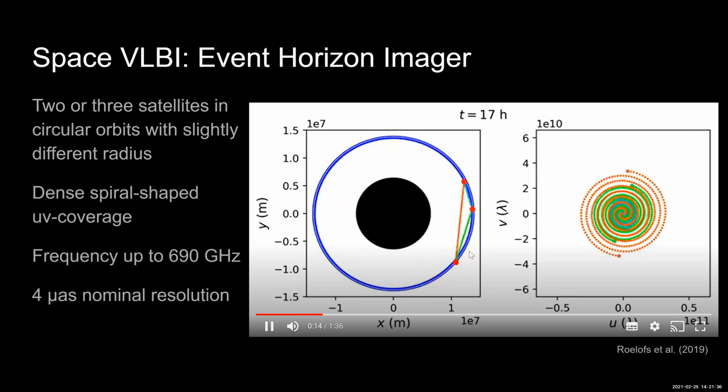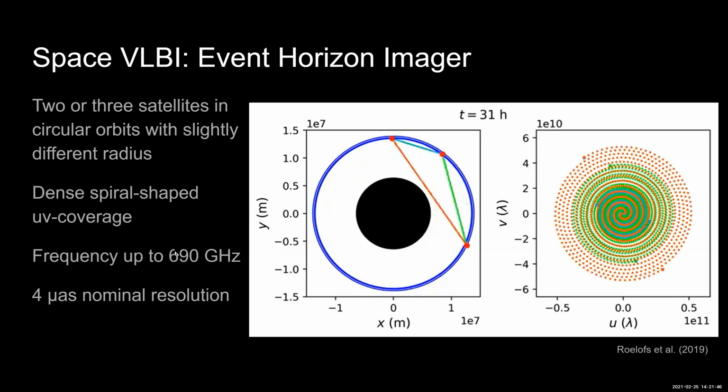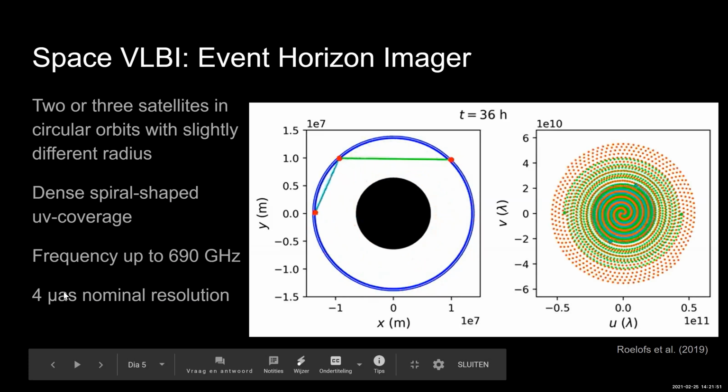As they orbit, they will slowly drift apart, and then you get this nice spiral-shaped, very dense UV coverage up to very long baselines. And if you go to a frequency of 690 gigahertz, you have a nominal resolution of about 4 microarcseconds.